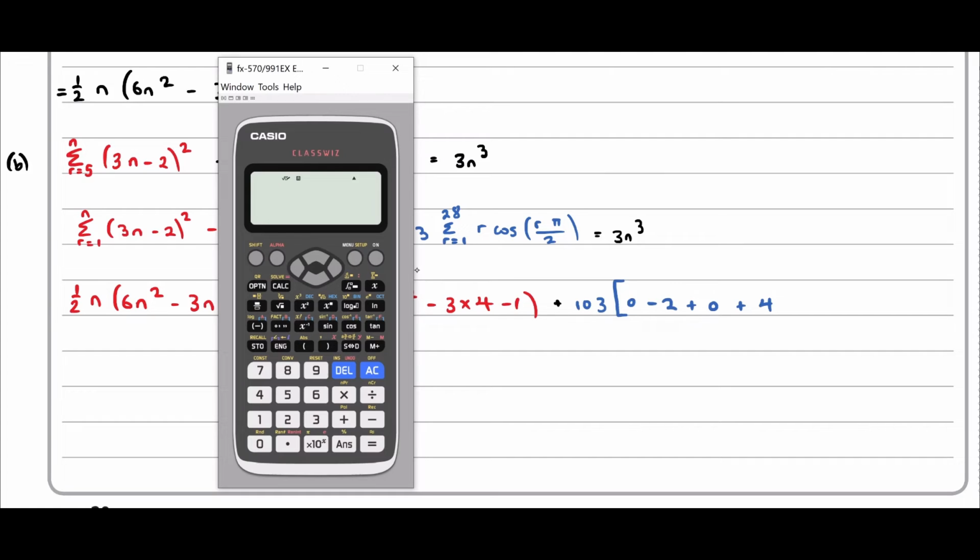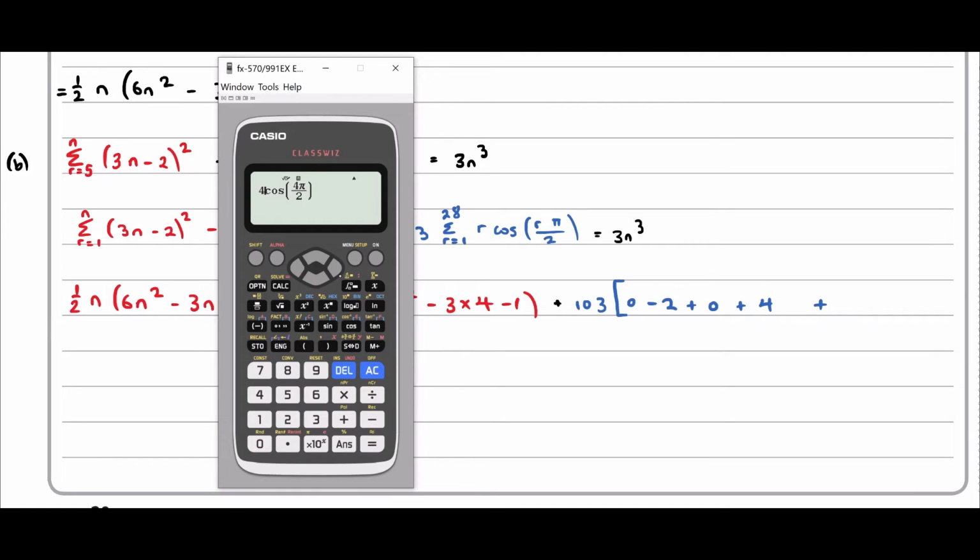So when r equals 1, we have 1 lots of cos of 1 pi over 2, which is 0. Then when r equals 2, we have minus 2. Then when r equals 3, we have 0. When r equals 4, we have 4.